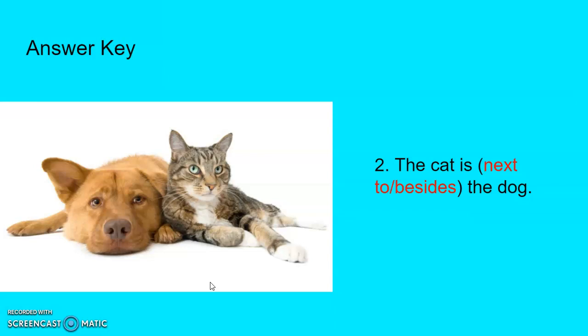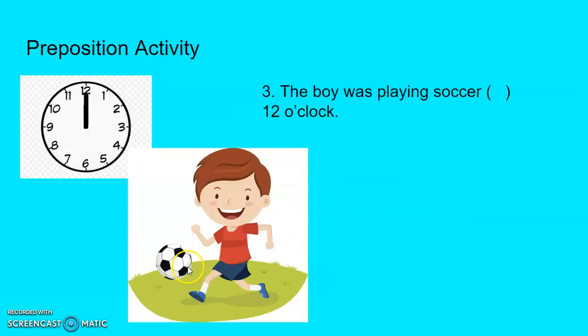This is another example of us using a preposition to help us tell the location of a noun in a sentence. So in this case, cat being the noun, and we use next to or besides to help us tell the location of the noun in relationship to the dog, the last word in the sentence. And the last example we have today is the boy was playing soccer blank 12 o'clock.